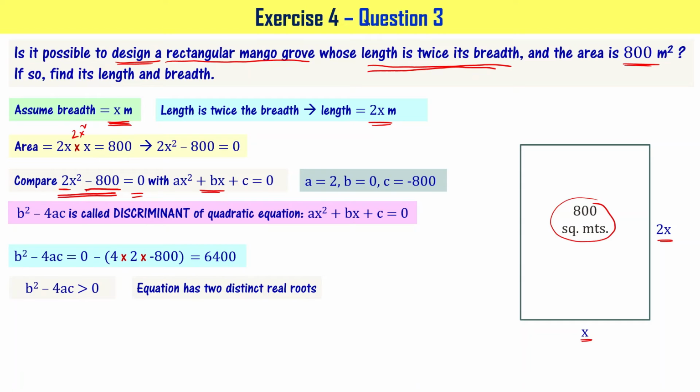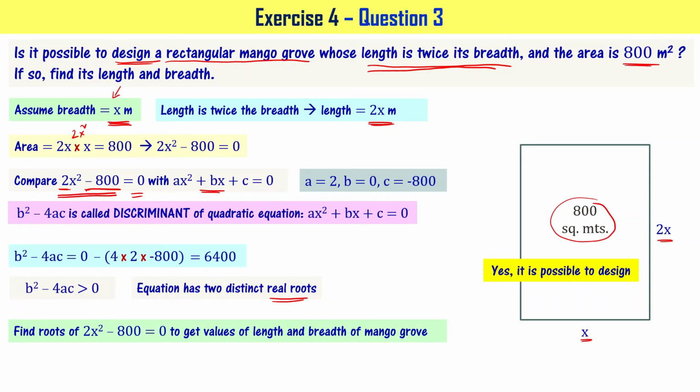So what essentially it is saying is, when you have two distinct real roots, one of the roots is going to be your breadth and then you can find the length. It means we can design the rectangular mango grove, right? But to design that, we have to find the roots of this particular equation. When you find roots of this equation, you know the breadth. And once you know the breadth, you can find the length, right?